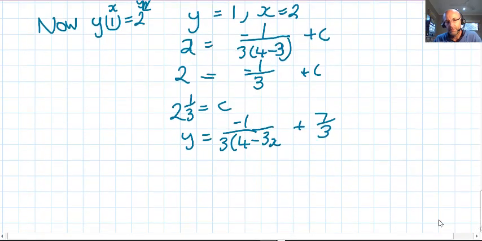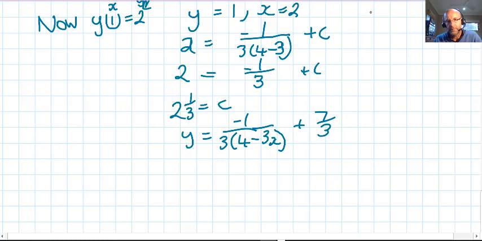Scrolling down. Just put our answer in a better form. So we need to find a common denominator. And 3 times 4 minus 3x will be that common denominator.